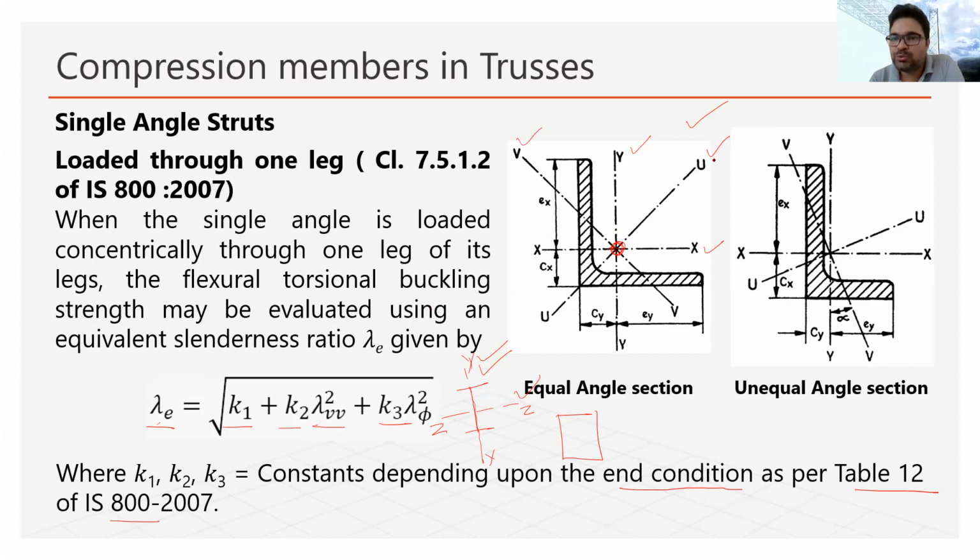This UU axis is called major axis, the strongest axis of this angle, which means the angle is strong about this axis. The second axis, VV, is called minor axis, and this is the weakest axis of the angle section.